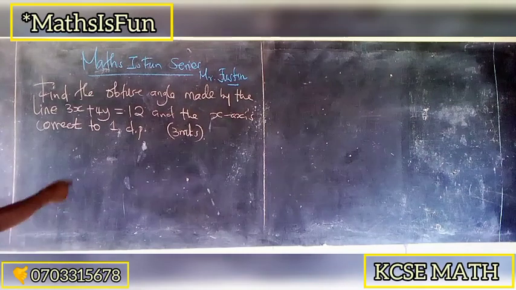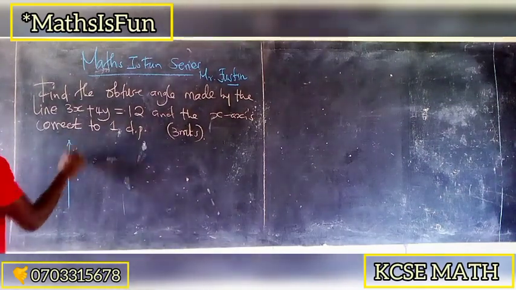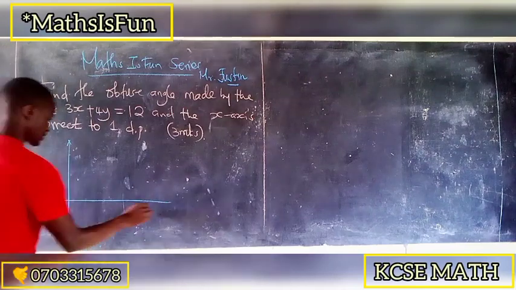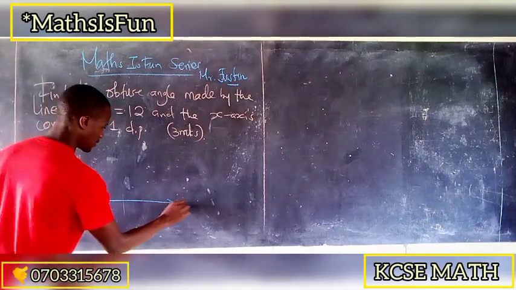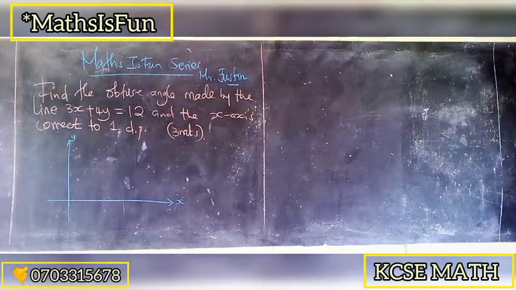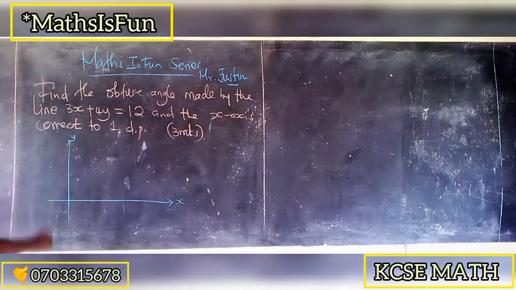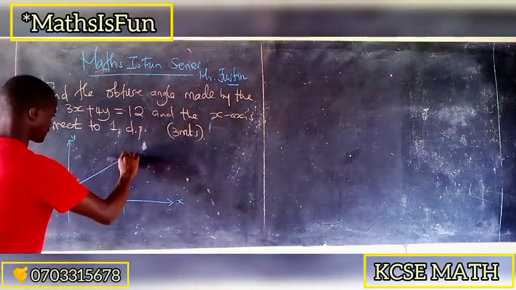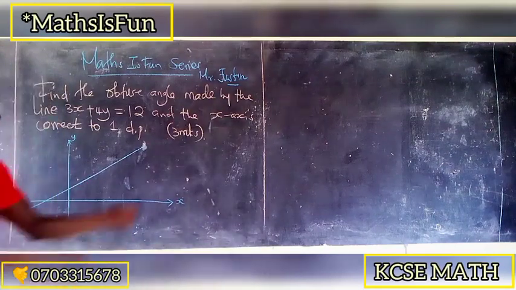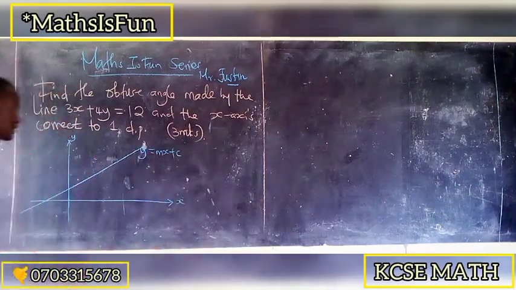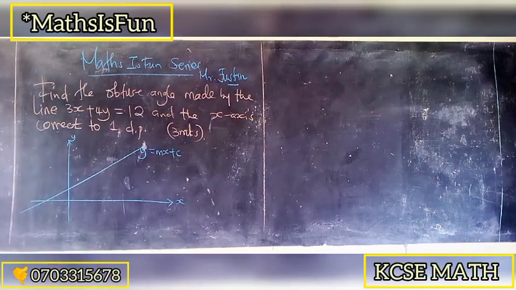Now, for us to discover the origin of this, let us consider the Cartesian plane, whereby this is the x-axis and that is the y-axis. And then let us have a straight line that has an equation y is equal to mx plus c.